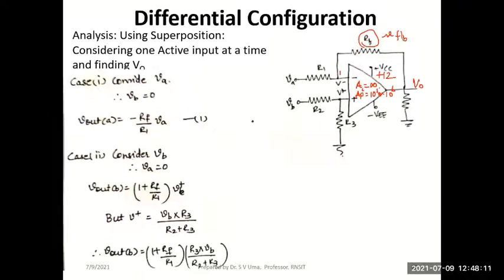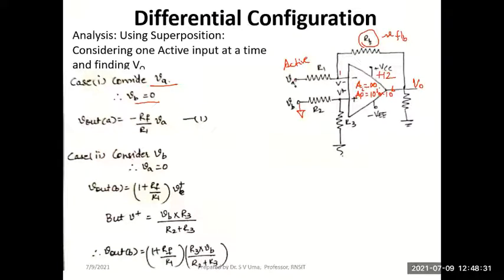So first let's consider VA. If VA is considered, VB will be 0. So the first condition: consider VA to be active and VB to be 0. What happens in this circuit? This circuit is now behaving like an inverting amplifier.